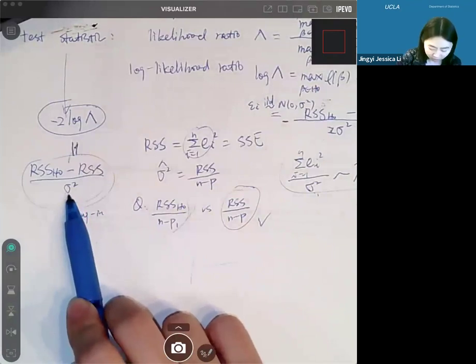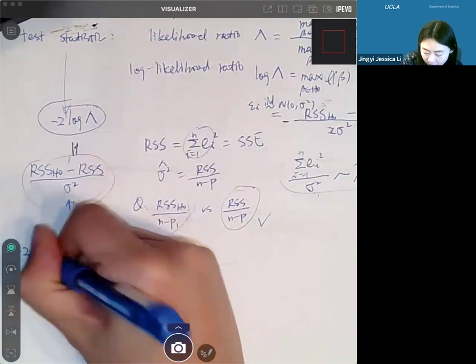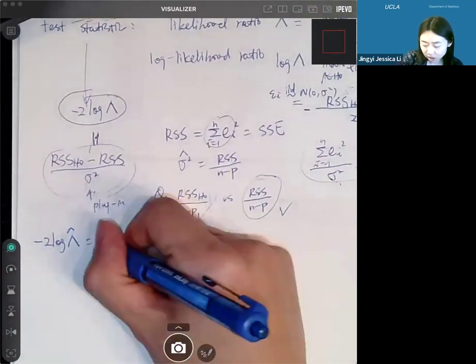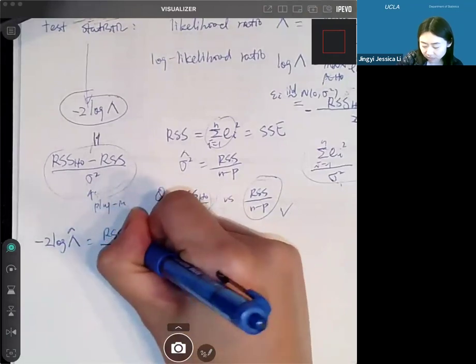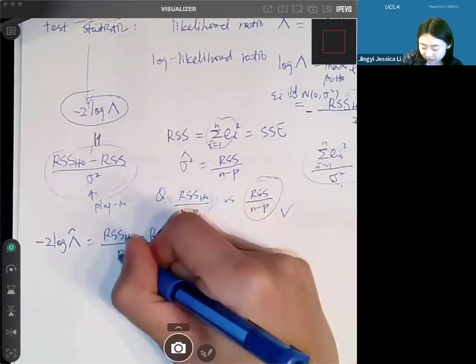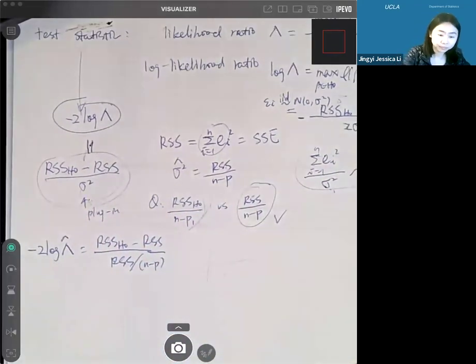So basically the test statistic we use in practice, because this is the hypothetical one with this unknown parameter, is the negative log lambda hat, which is (RSS under H0 minus RSS) divided by RSS over n minus p. That's what we use.